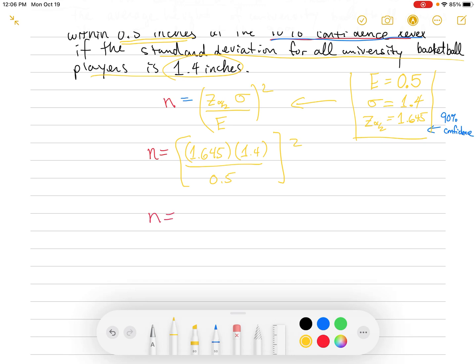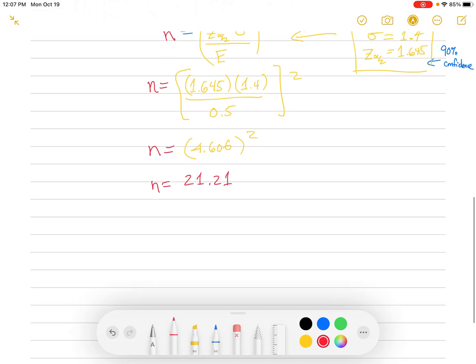I'm going to plug that in my calculator. 1.645 times 1.4 divided by 0.5. I'm going to get 4.606 approximately. And then I got to square that. So when I square that, I get about 21.21.